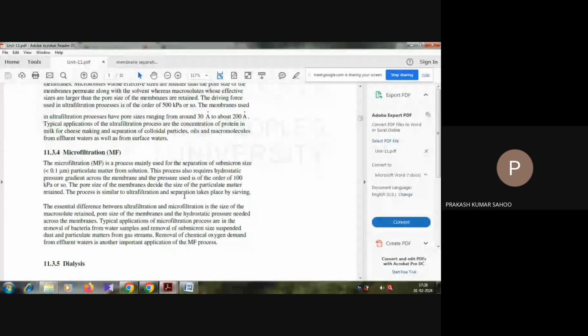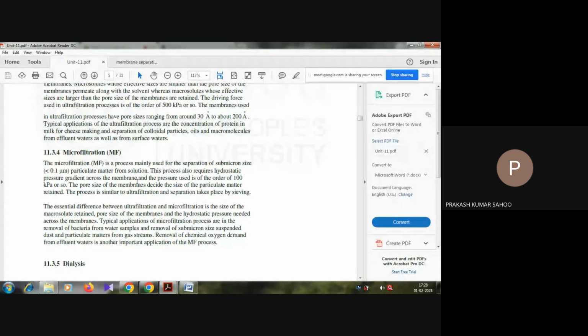And then we have microfiltration. For microfiltration, the pore size is submicron size, that is greater than 0.1 micrometer. So the pore size becomes larger, and here the pressure is 100 kPa or so.